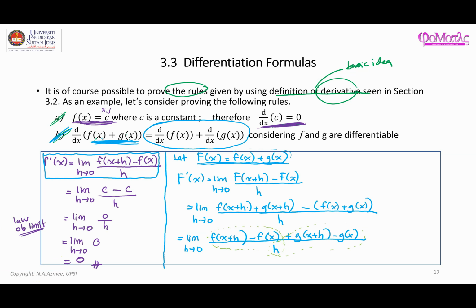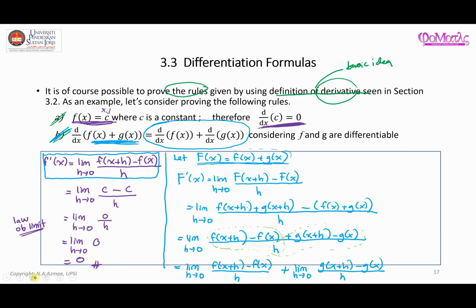I'm going to write this in terms of the limit as h approaches 0 of f(x plus h) minus f(x) over h, plus the limit as h approaches 0 of g(x plus h) minus g(x) over h.